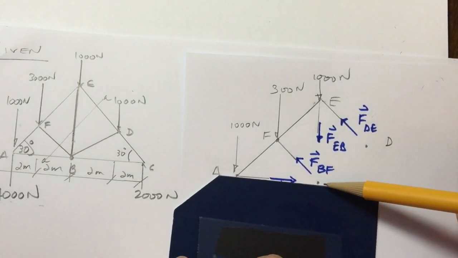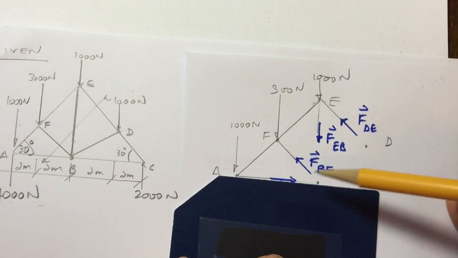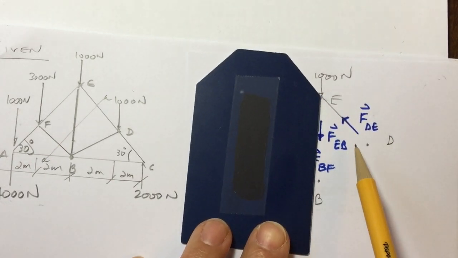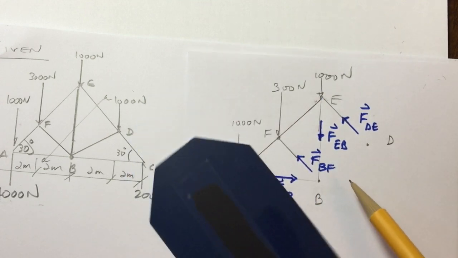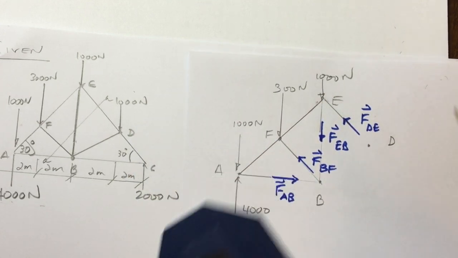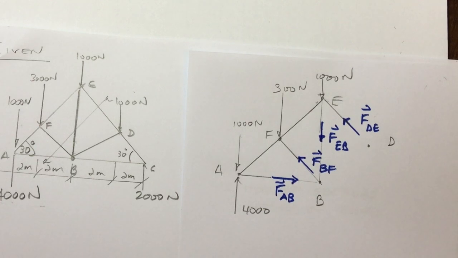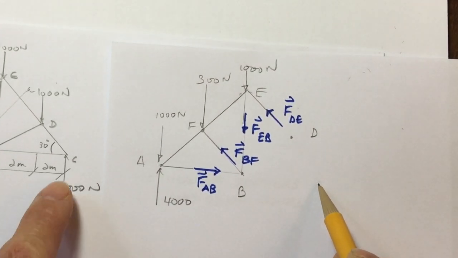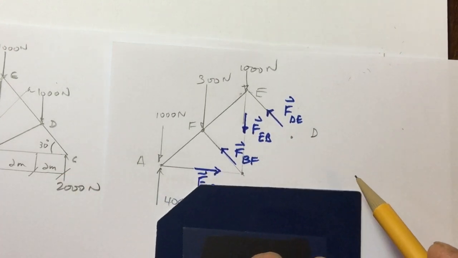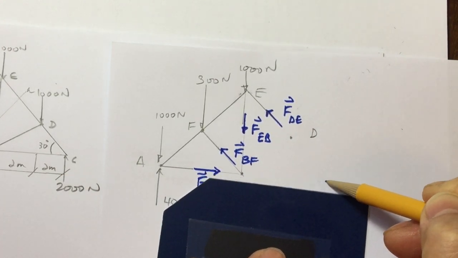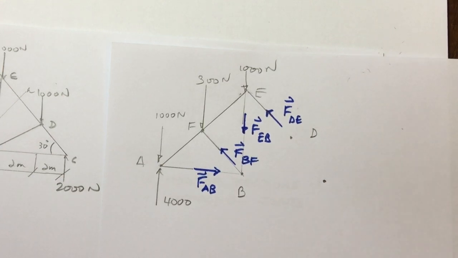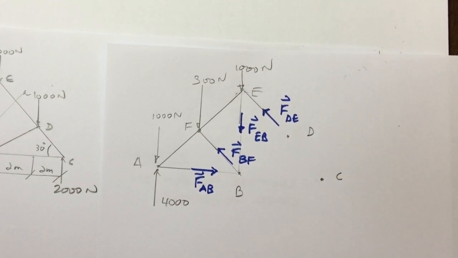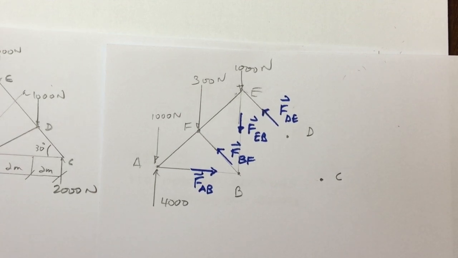And we know that this is in line. So I just want to clearly indicate that they are all concurrent at point B. At least those three members are. And we can also visualize that point C over here, which would be approximately right here. And I can identify that as point C. So there's my free body diagram.